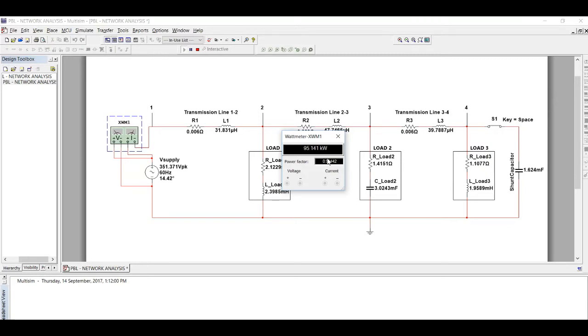For the power factor of the system, we used a wattmeter, and as you can see, the power factor is still 0.98. Therefore, after adding this shunt capacitor of value 1.624 millifarad to the circuit, we have changed the system from a lagging system to a leading system with the same power factor value.